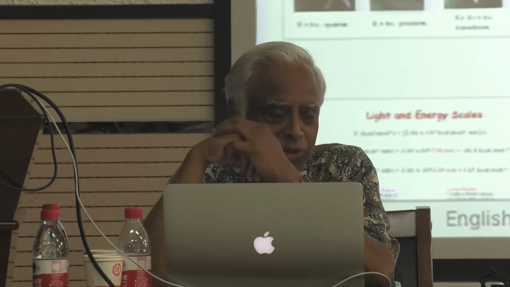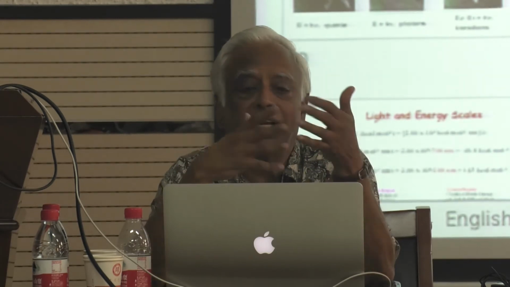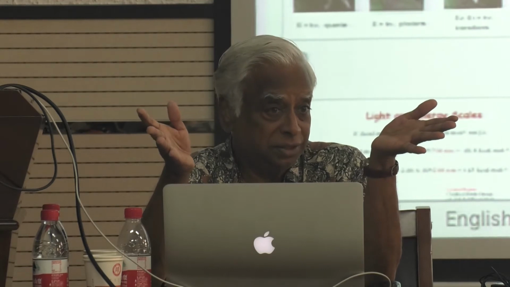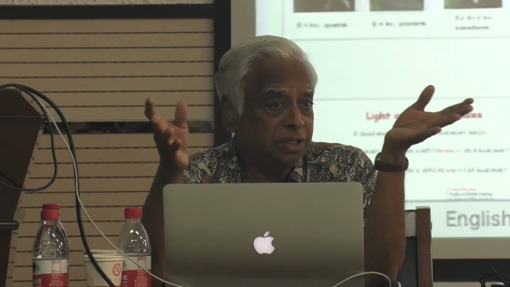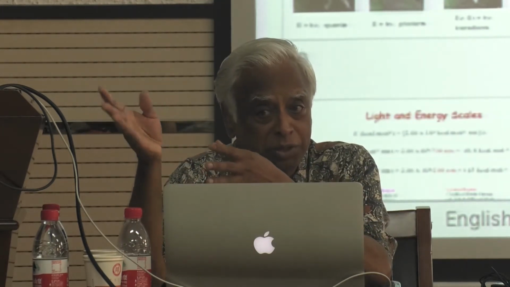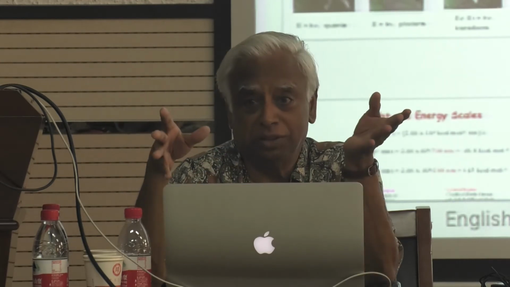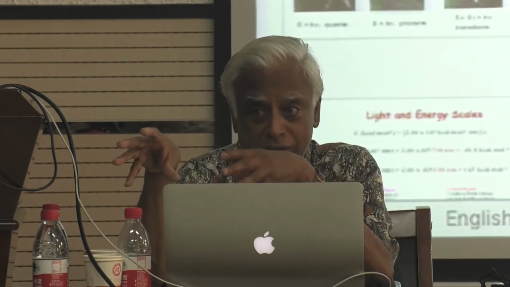Okay. So you have light of different wavelengths, 700 and 300. The 300 one has more energy than the 700 one. 700 nanometers has less energy compared to 300.